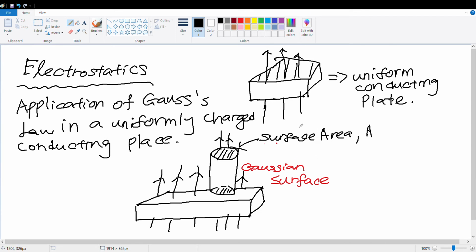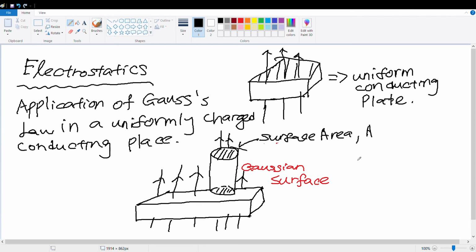What we need to do is find the electric flux which passes through this uniform conducting plate.